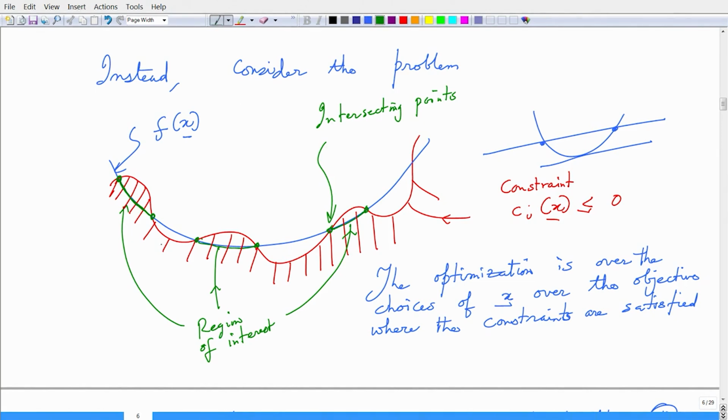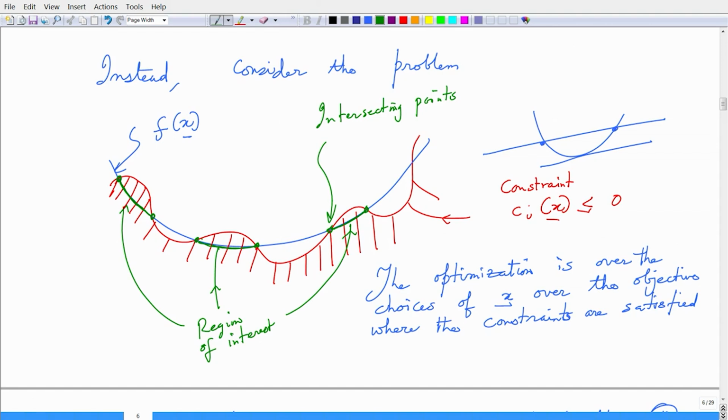It is over these points that I have to figure out my optimal solution to the objective. So, these shaded segments of the curve are regions of interest for us over which we need to optimize the problem at hand.